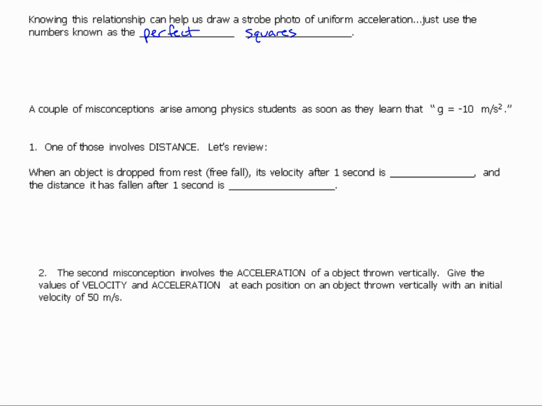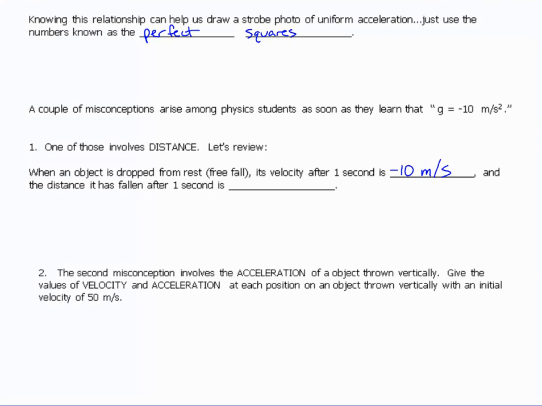A couple of misconceptions among physics students. As soon as they learn that acceleration of gravity equals negative 10 meters per second squared, one of those involves the distance. When an object is dropped from rest, free fall, its velocity after 1 second is negative 10 meters per second.